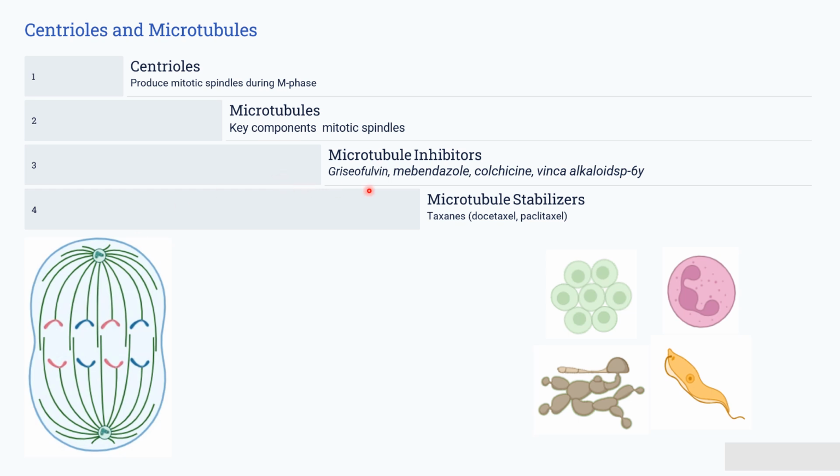Also griseofulvin is an antifungal, and mebendazole is an antihelminthic. All these also inhibit cell proliferation. The mechanism of all these is microtubule inhibition. Just a small recap: microtubule inhibitors are anti-cancer drugs such as vincristine, paclitaxel and the taxanes are microtubule stabilizers, and colchicine, mebendazole as well as griseofulvin.